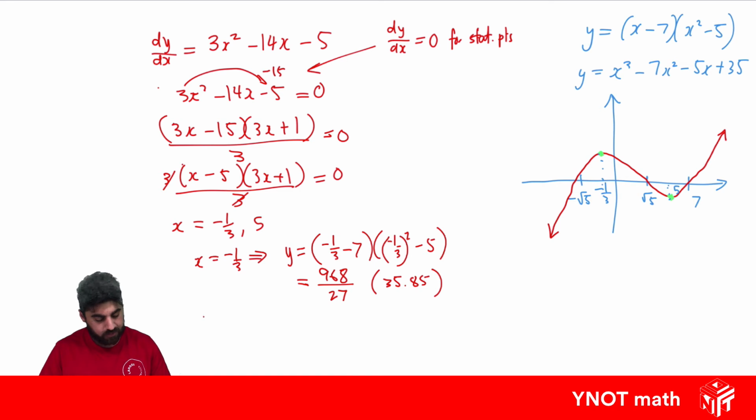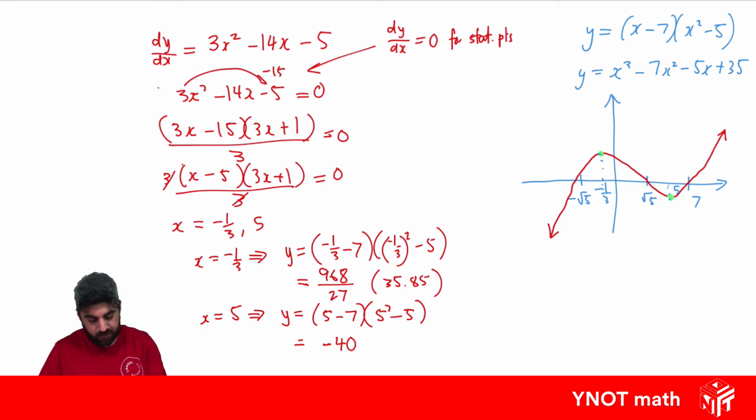And when we sub in x equals 5, we get y equals 5 minus 7 outside of 5 squared minus 5, and that would give us minus 40 for our y value. So when x is minus a third, we're getting a y value of 968 over 27, and when we sub in 5, we're getting a y value of minus 40.